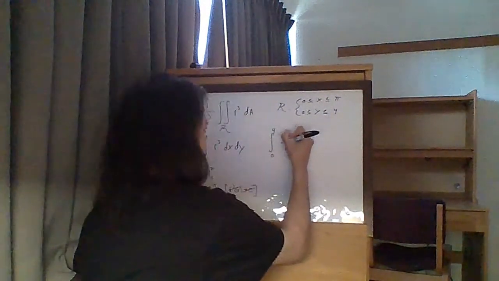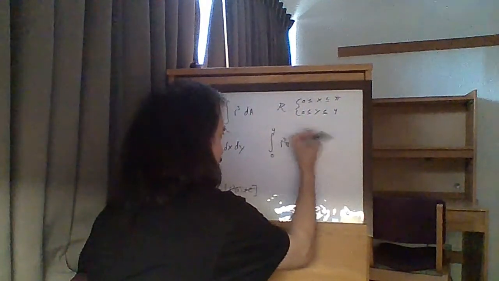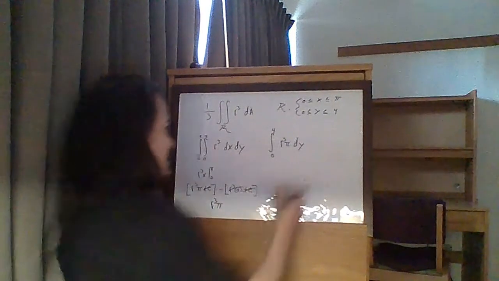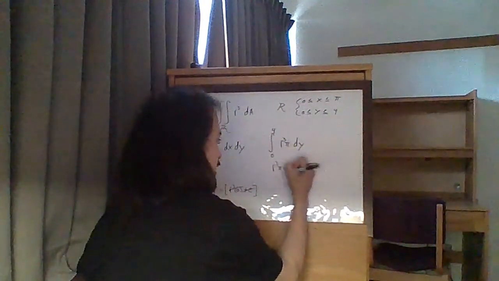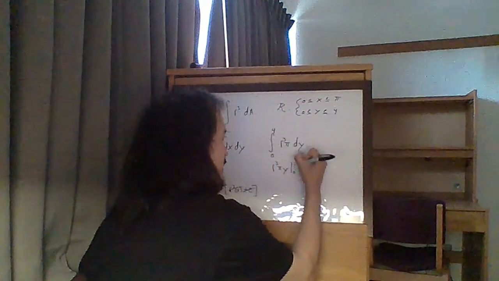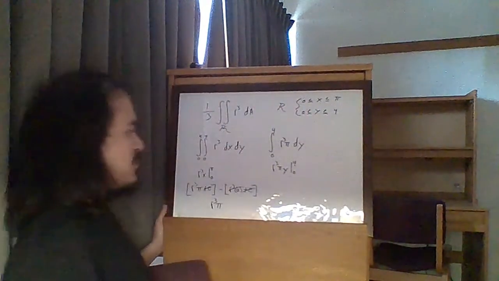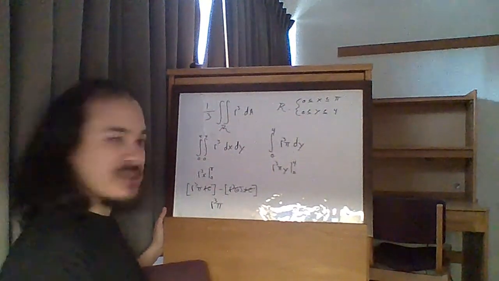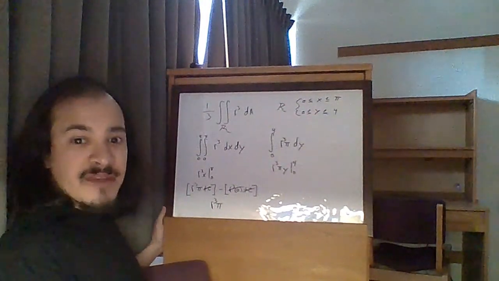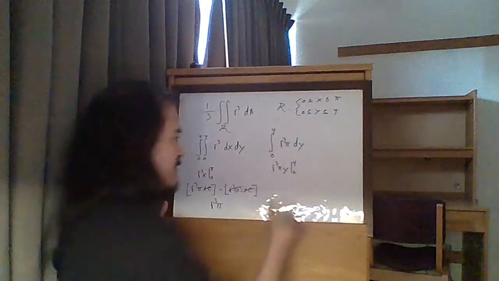We're going to have r cubed times pi dy. So then it goes r cubed pi y from 0 to 4. We're obviously just repeating the same steps, using the fundamental theorem of calculus right here.